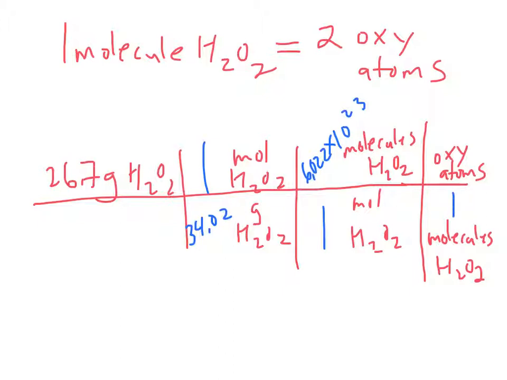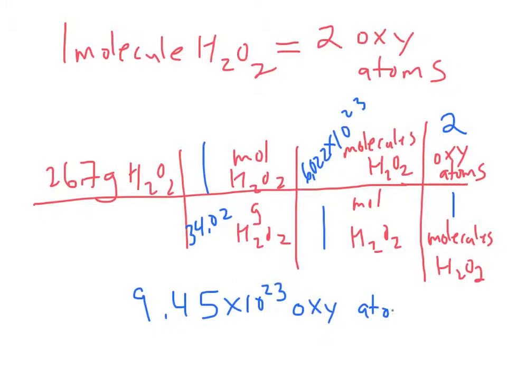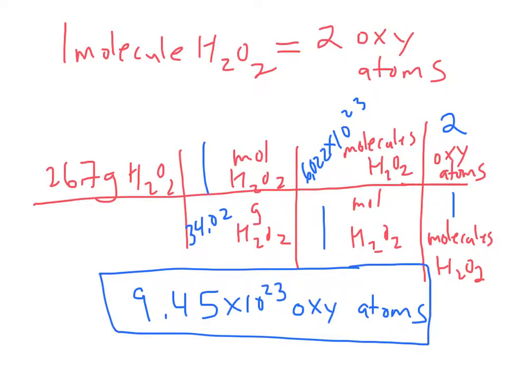And we know that 1 molecule of hydrogen peroxide has 2 oxygen atoms in it. So that's what our dimensional analysis looks like. And if you solve this out, I got 9.45 times 10 to the 23rd oxygen atoms as my final answer. So hopefully you got the same thing when you did this.